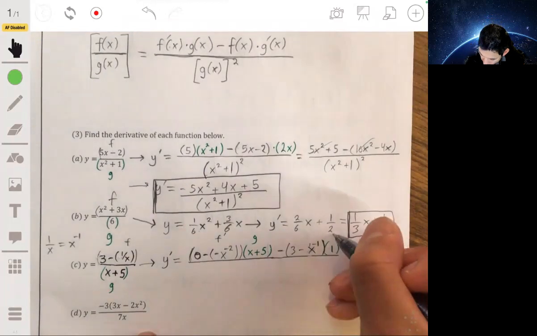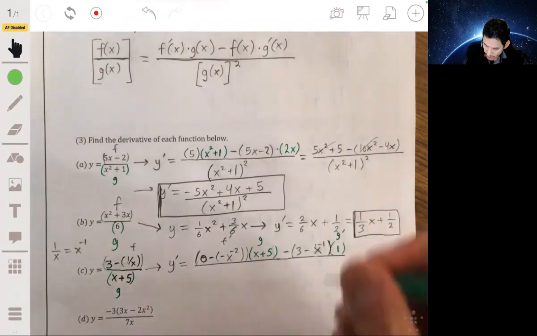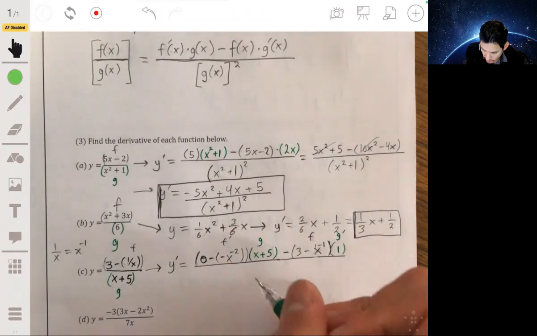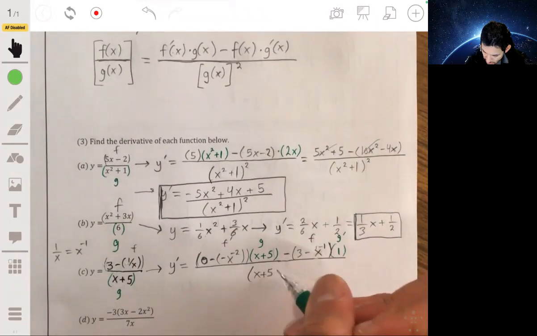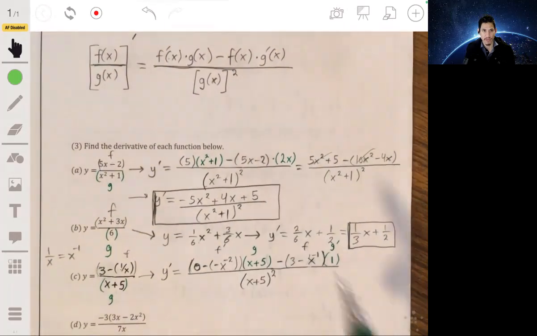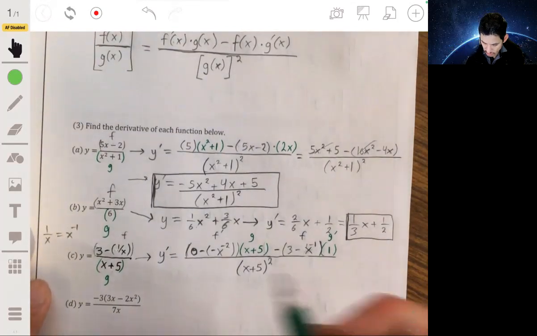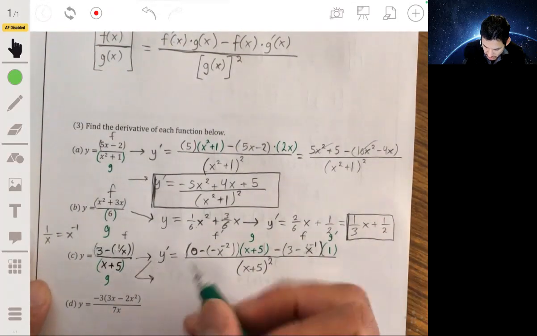So we got our g prime here, and we got our f prime here, all over g squared, so all over the x plus 5 squared, using our quotient rule. Now we gotta make sure we simplify and do our algebra, but the calculus part is done.